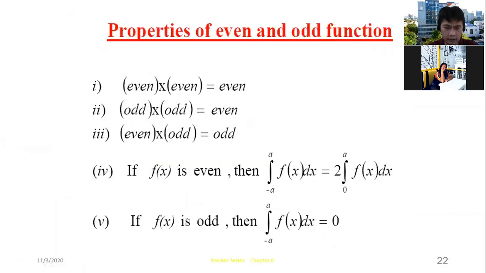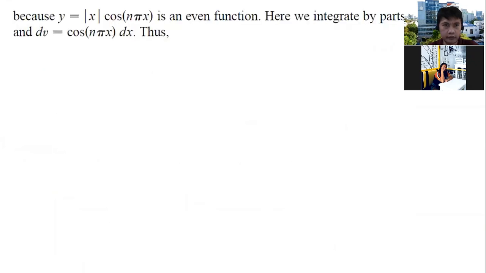So recall your calculus, integration by parts. We can let the variable u be x, so our du is of course dx. Our dv is cosine n pi x dx.